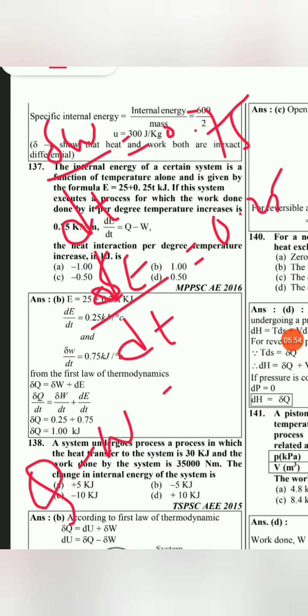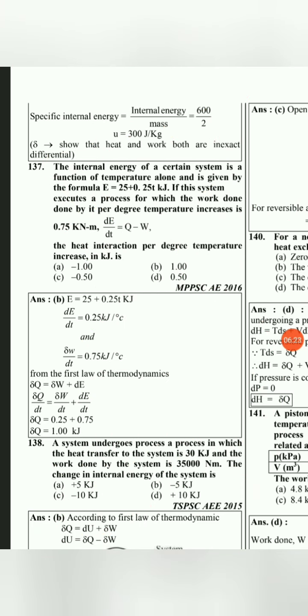Q minus W is equal to delta U, so differentiating with respect to T, you will get dQ by dT minus dW by dT equal to dU by dT. Here dU by dT, the internal energy given in terms of E, is 0.25. If you take this term to the right side, it should be plus 0.75. So 0.75 plus 0.25 comes out to be 1 kilojoule. So option B will be the right answer.